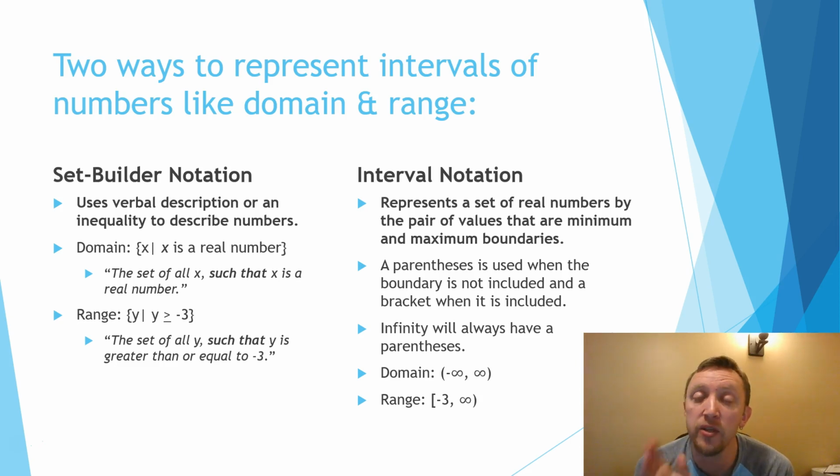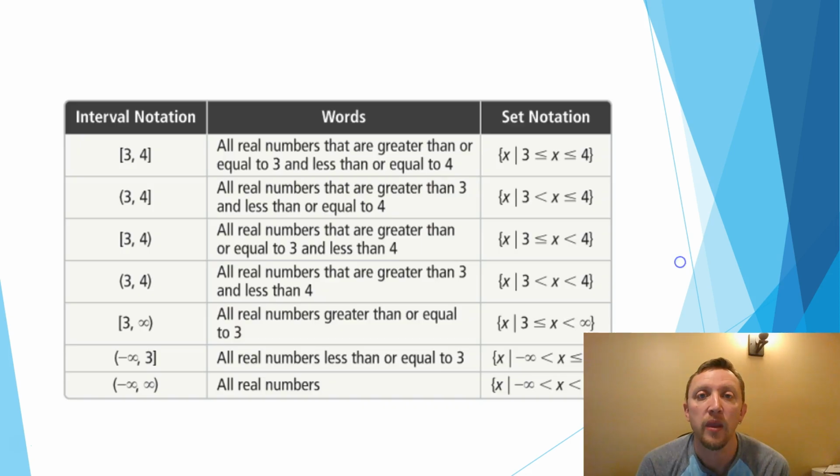But -3 is included, so we'd use a bracket at -3, but then it goes infinitely up, so we end it with infinity and a parentheses. So that's what interval notation looks like. You can compare the two, set builder and interval notation, and you'll see why I prefer interval notation. It's just a little bit cleaner and a lot easier to write.